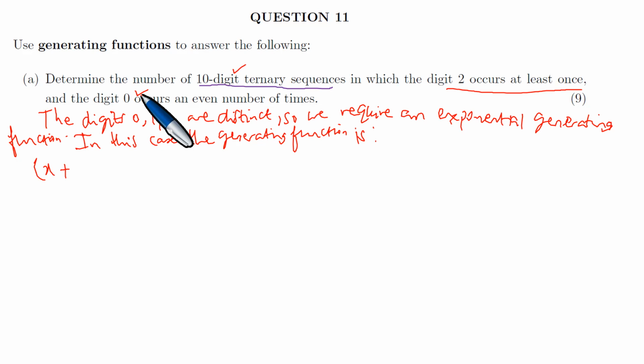I want us to analyze this together. If the digit 2 occurs at least once and the digit 0 an even number of times.